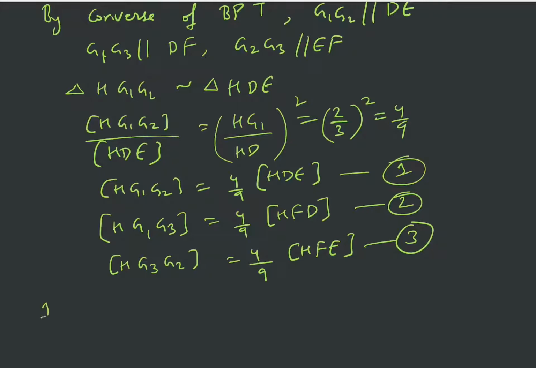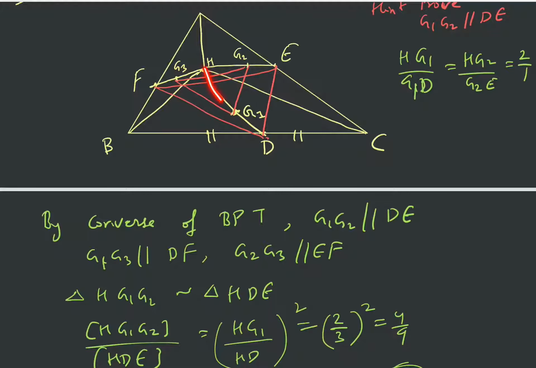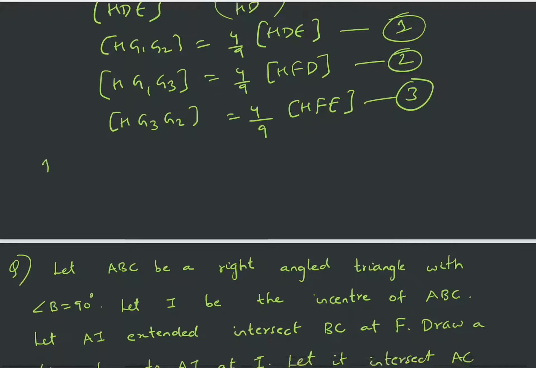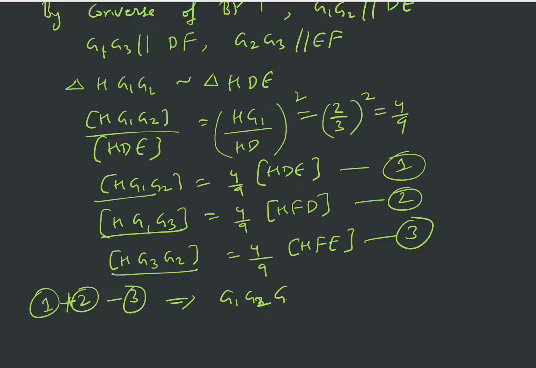If you just add the areas of HG1G2 and HG1G3, and from this subtract HG3G2, you'll get the area of G1G2G3, right? So I need to add equation 1 plus equation 2 and subtract equation 3. So HG1G2 plus HG1G3 minus HG3G2 is nothing but the area of triangle G1G2G3.